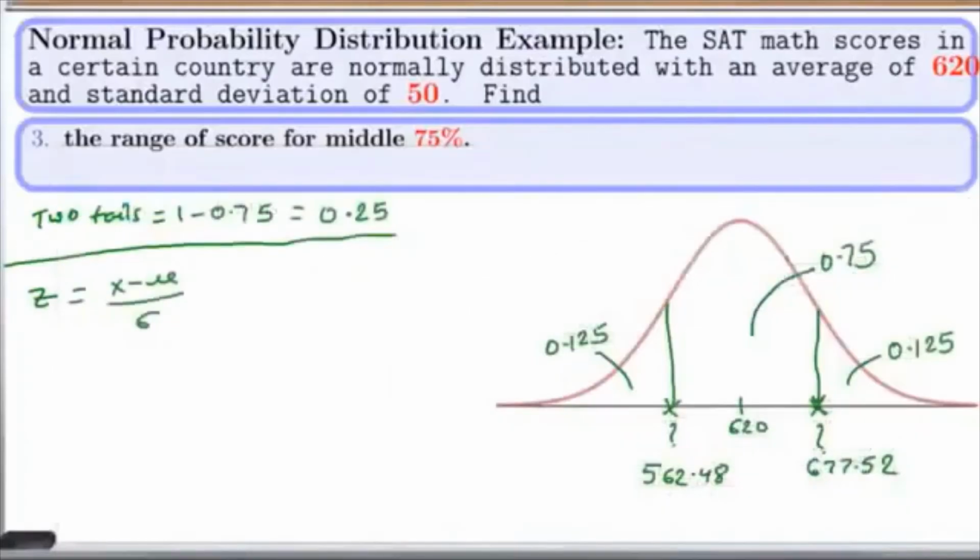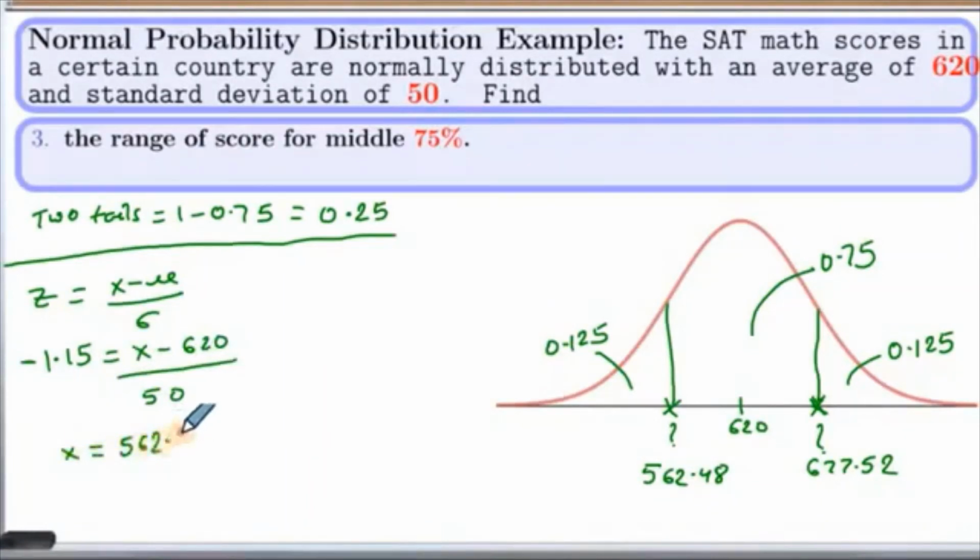Okay. So let me write that down here. We are trying to find x. We know our mean is 620 and standard deviation is 50. When we solve for x, we get x equals 562.5, and this is approximately equal to what we got using the calculator over here.